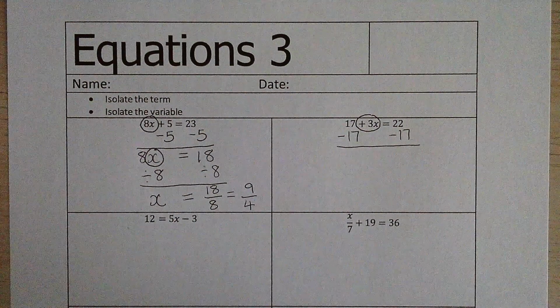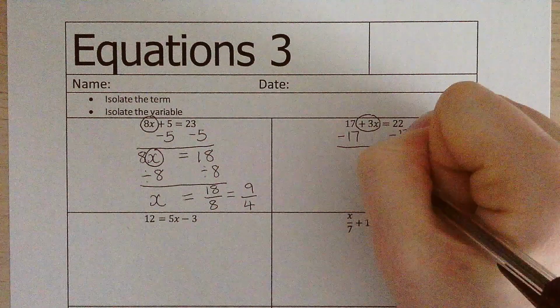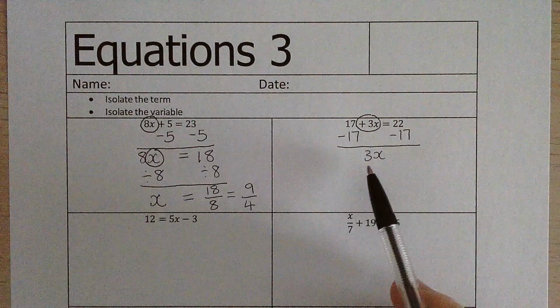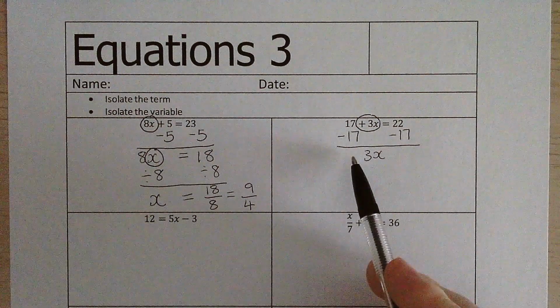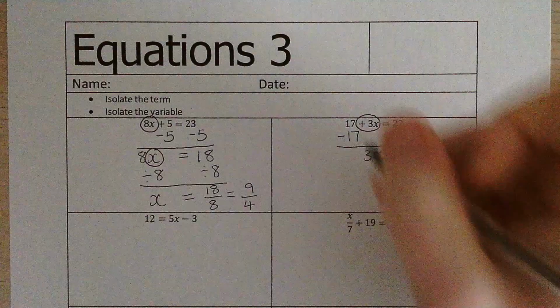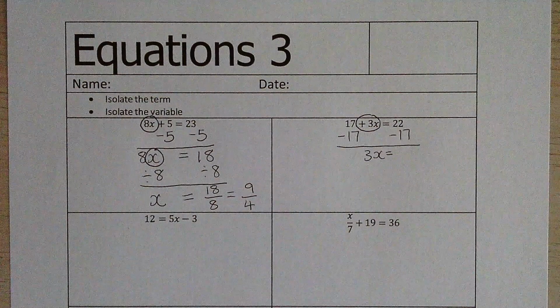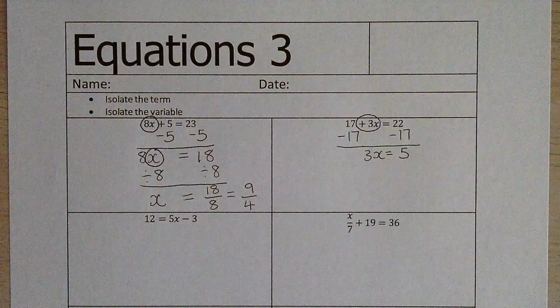17 take away 17 cancels and gives me nothing. The positive 3x is going to drop down. I'm just going to write 3x here because there is no point putting a positive symbol at the very start of a term. The equal sign will drop down, and 22 take away 17 is 5.